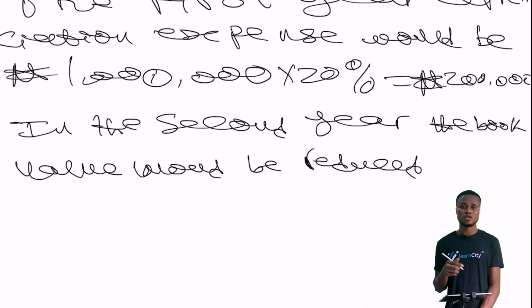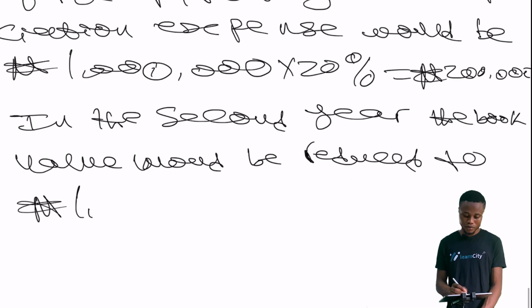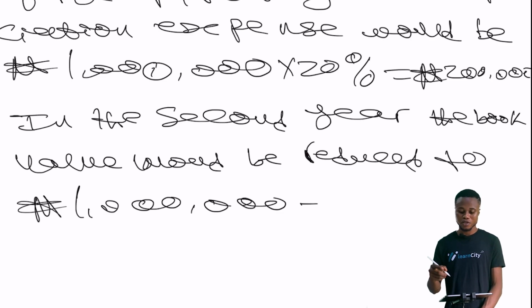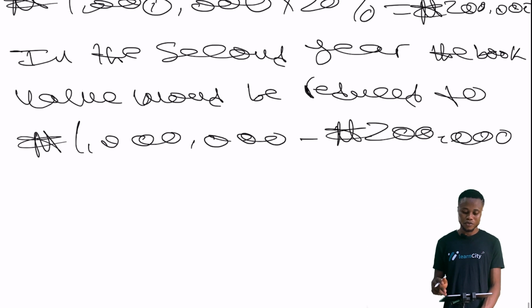Remember that 200,000 is not actually in the question, but it was the answer we got from the application of that formula in year one. So the second year, the book value will reduce to that same cost of that asset, which is 1 million naira. That 1 million naira minus the amount we got in the first year, which is 200,000 naira. We are going to arrive at 800,000 naira, right?